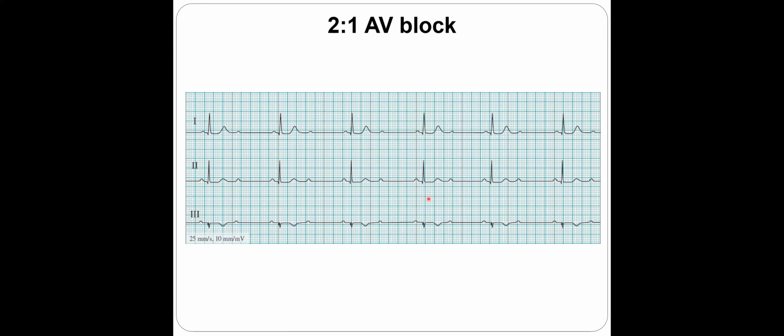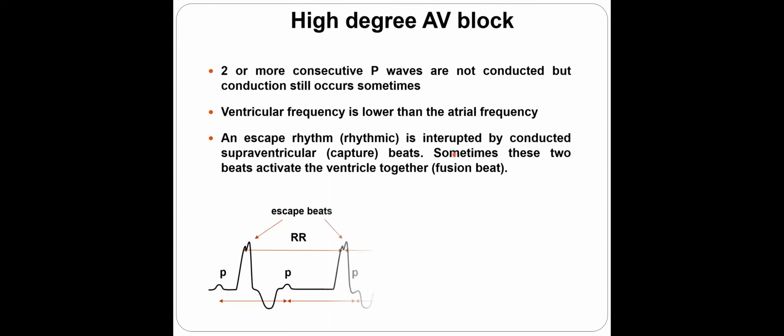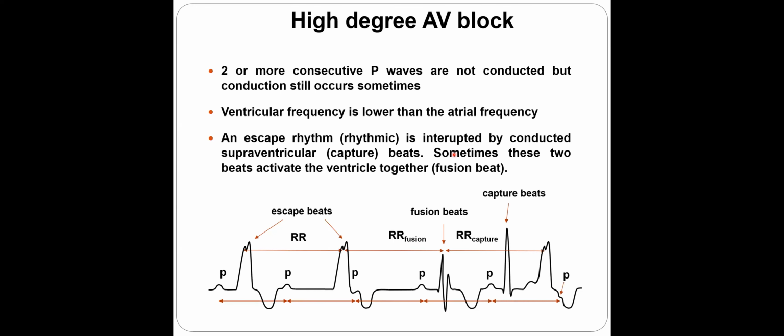This is why they need to put a pacemaker immediately into the patient who has gradually developed a Mobitz type 2 AV block or 2-to-1 AV block. Very similarly to the high degree block, it's a more severe one, and of course it's a pacemaker indication.